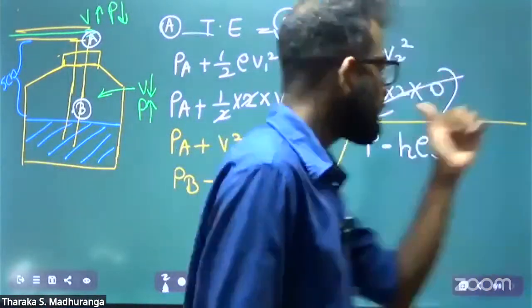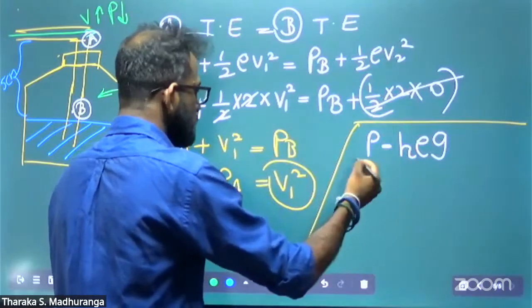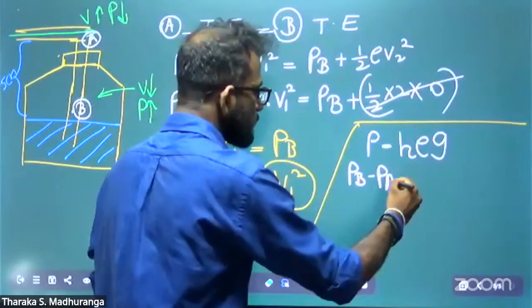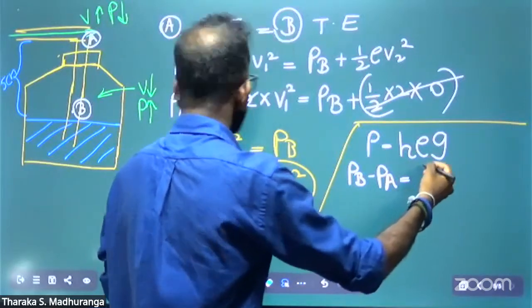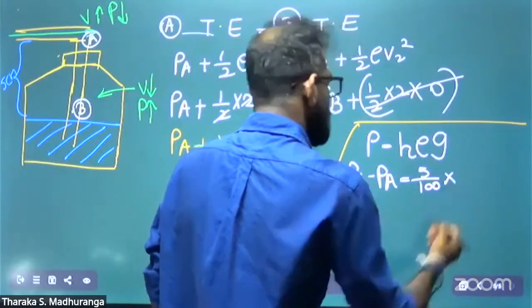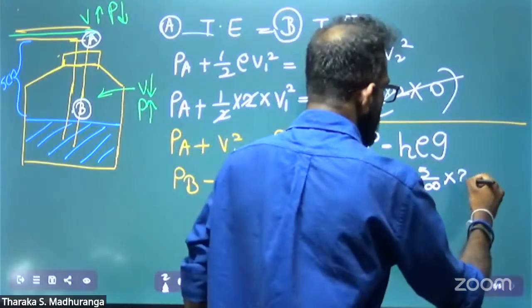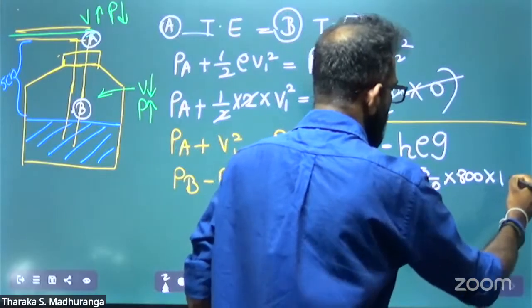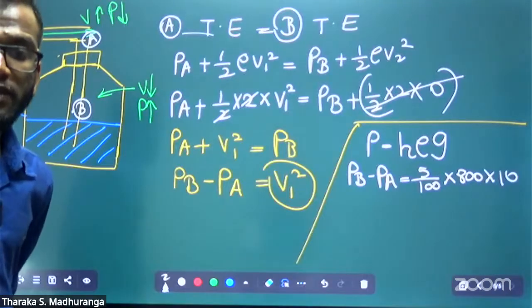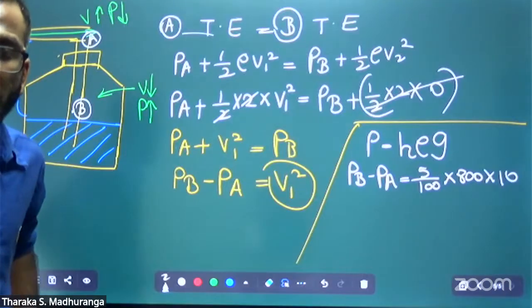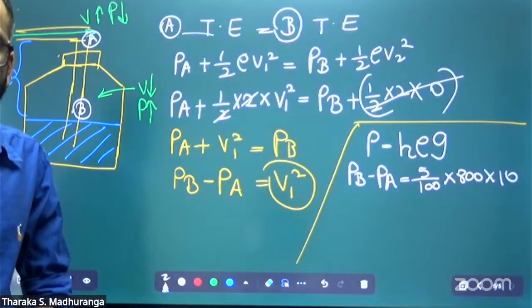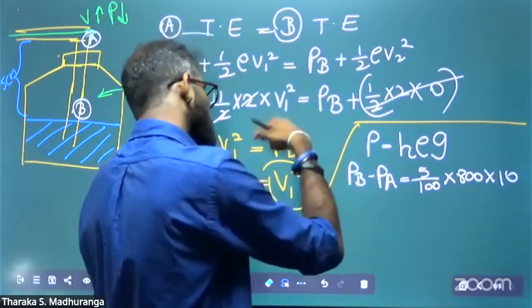So PB minus PA pressure difference equals H rho G. H is 5 centimeters, 5 over 100. Rho is 800, it is given, and gravitational acceleration. If we can maintain this pressure difference value, this is the velocity.